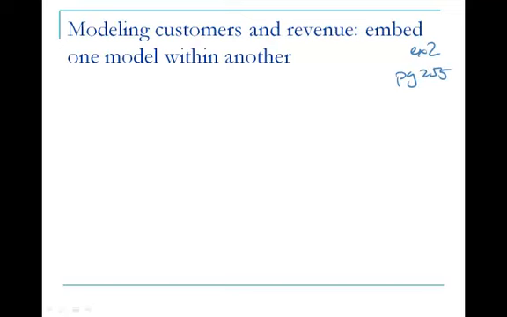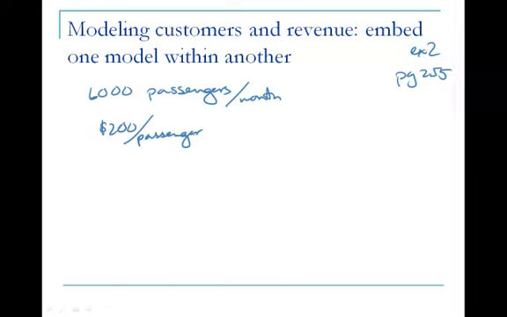On a certain route, an airline carries 6,000 passengers per month. So I'm just going to write that down as I read. Passengers per month. Each paying $200, so that's $200 per passenger. However, a market survey indicates that for each $1 increase in ticket price, the airline will lose 100 passengers.